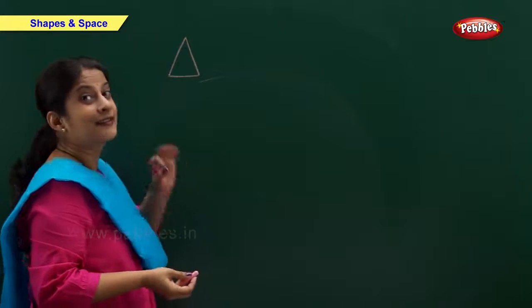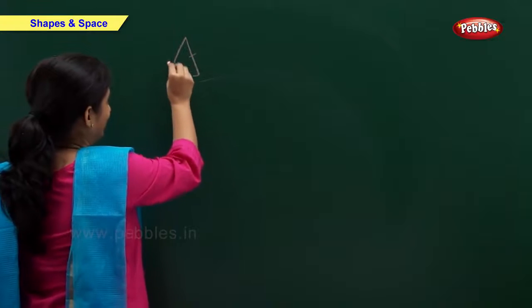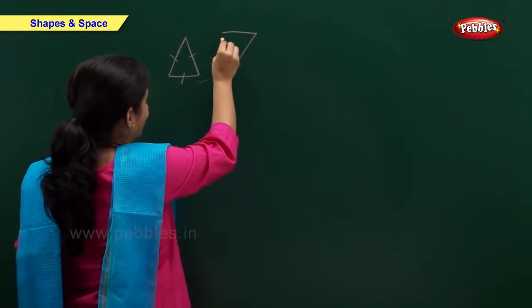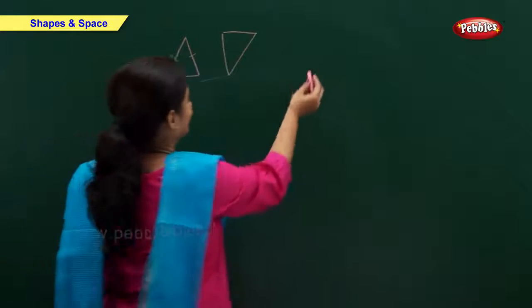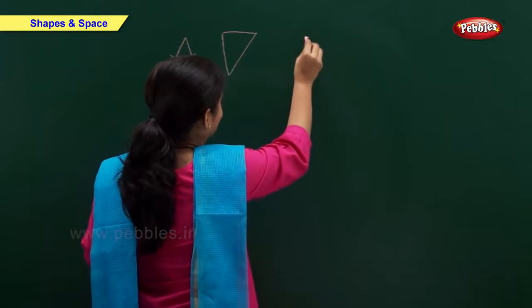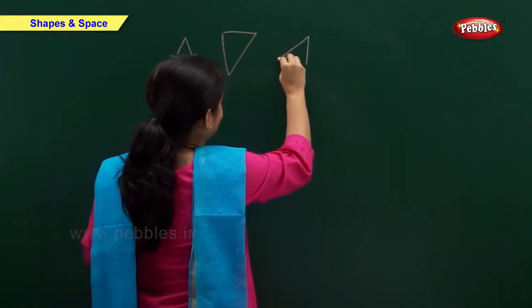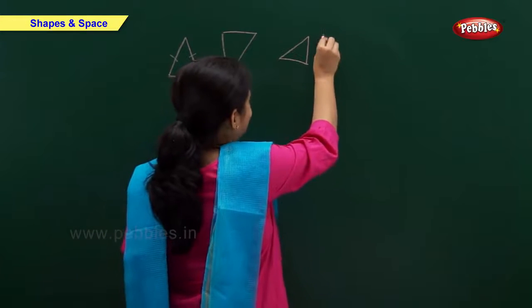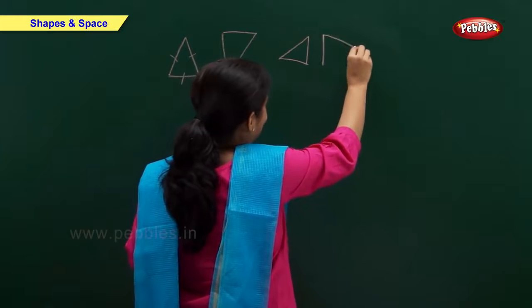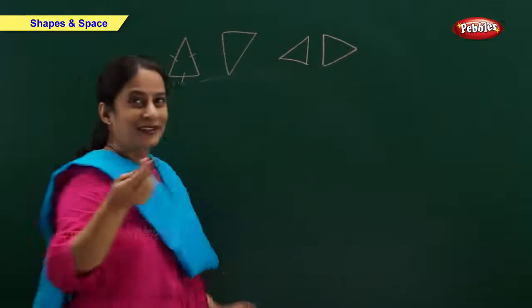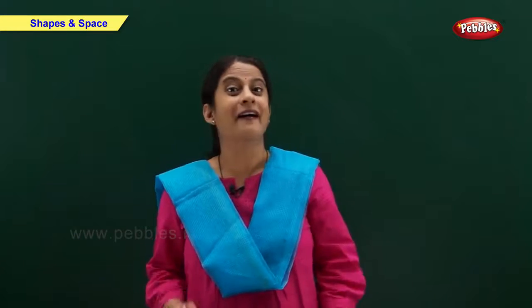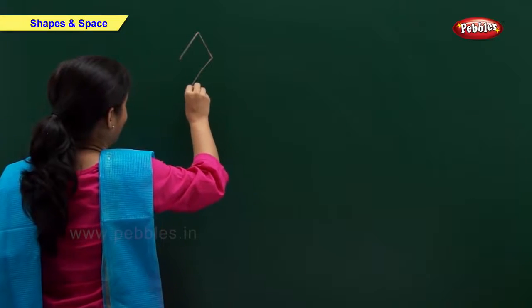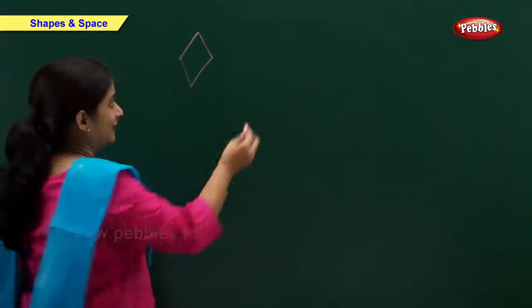A triangle has 3 sides. Triangle. Now let's draw a diamond.